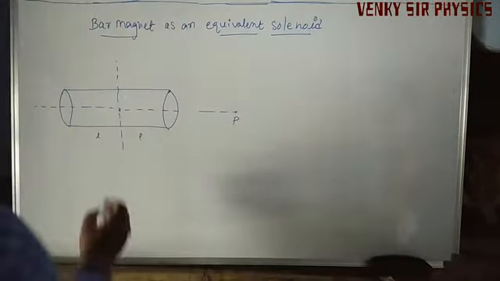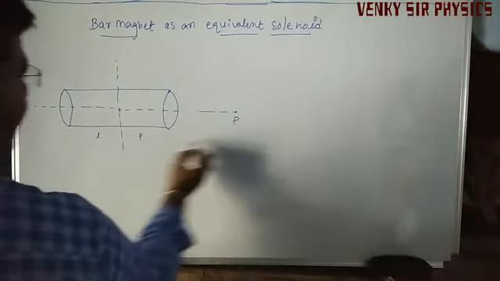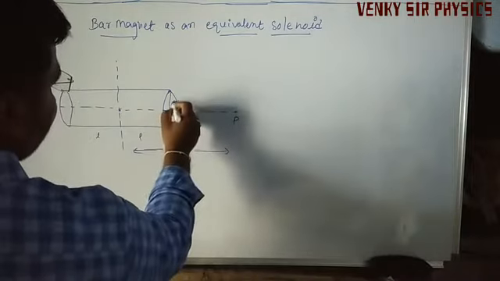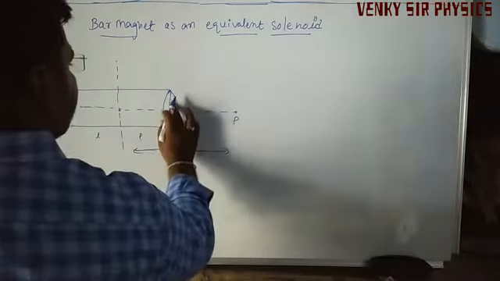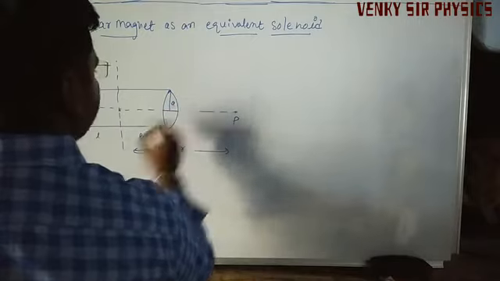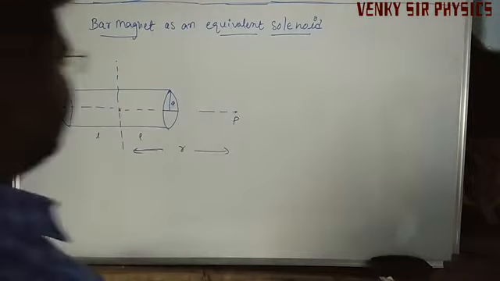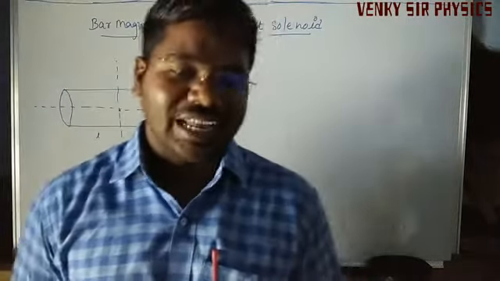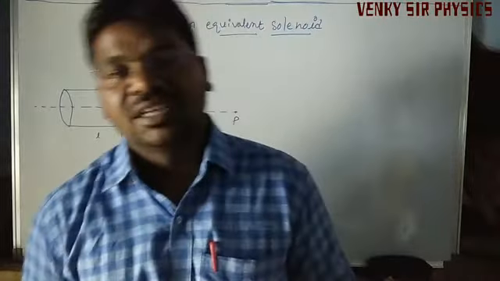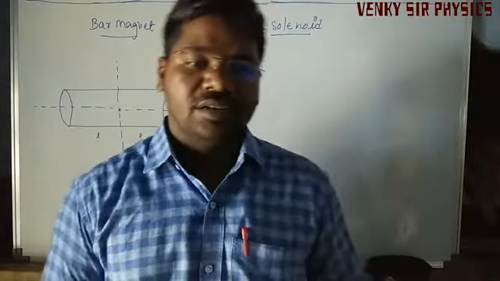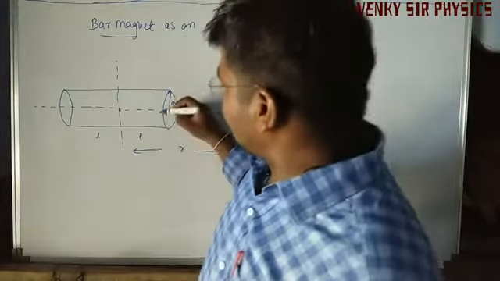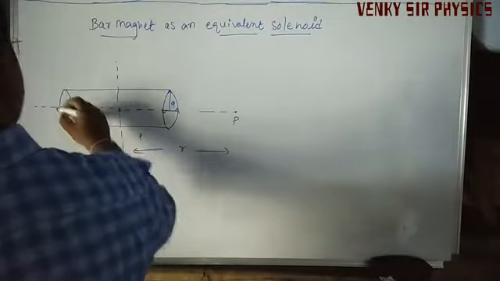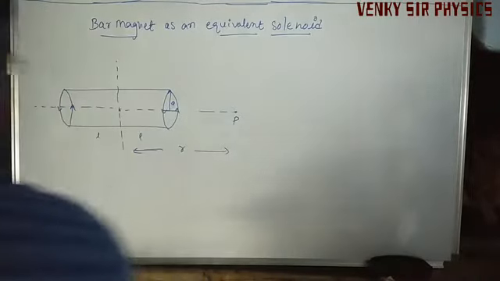The distance between the midpoint of the bar magnet and P is denoted R. The radius of the circular coil is denoted A. If the current is passing in this way, this side is down and this side is up.